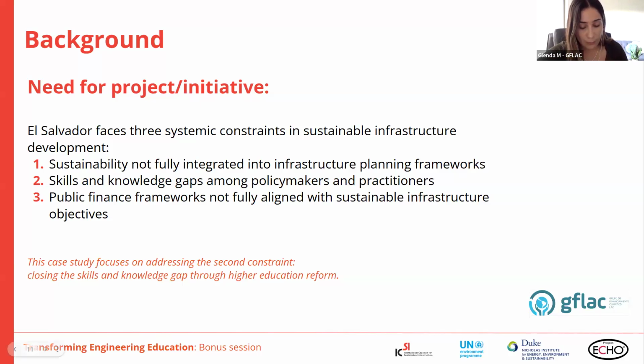And the third, public finance frameworks are not fully aligned with sustainable infrastructure objectives. In this case, the study focuses on the second constraint related to closing the skills gap through higher education reform. And if professionals are not trained to think systematically, to manage uncertainty, and to integrate resilience and inclusiveness into infrastructure design, policy ambition can fail to translate into implementation.